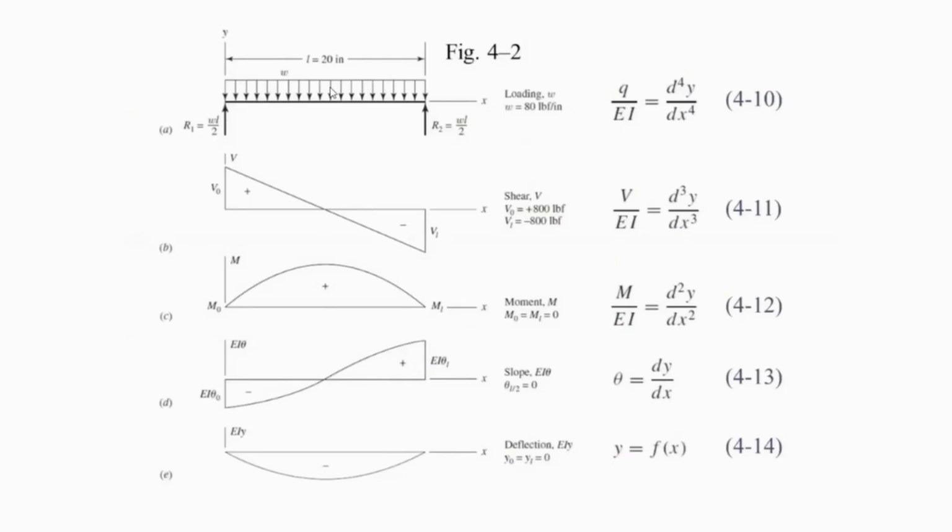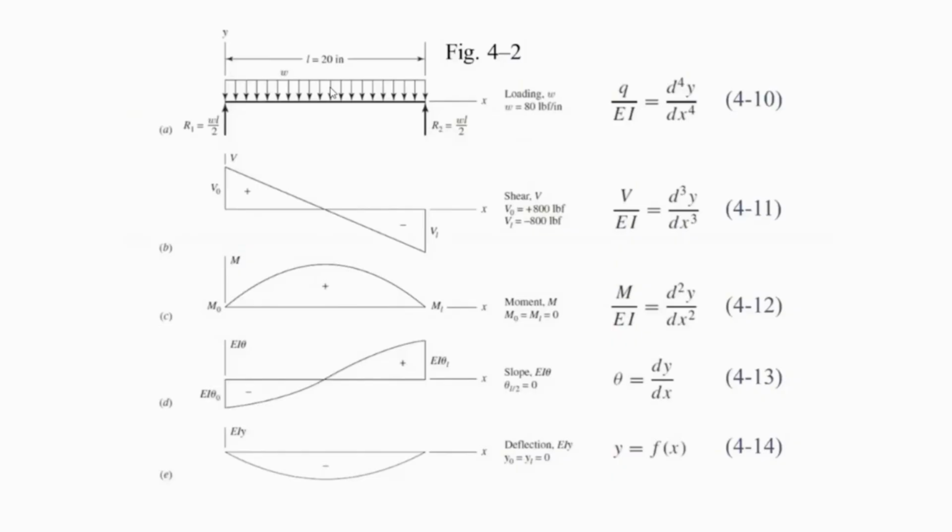When we would like to analyze this problem, for example, if you would like to determine the deflection function of this beam, first we draw the free body diagram, determine the support reactions, plot the shear force diagram, construct the shear force function, and since the first order derivative of the bending moment function is the shear force, in other words, the integral of the shear force function is the bending moment, we can also plot the bending moment function as follows. And please recall from the previous slide, q over EI is the fourth order derivative of the deflection function with respect to x.